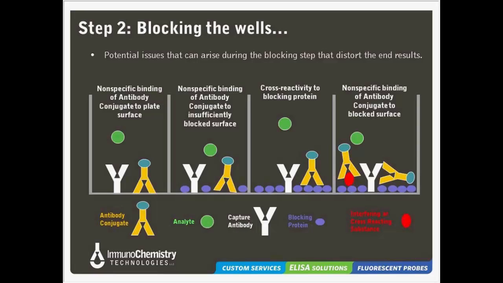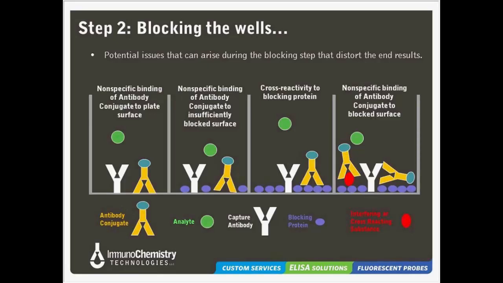All right, I guess we're back to blocking again here. Blocking is not a surefire way to avoid all problems with nonspecific binding. In this example, on the far left, the person just didn't block the plate, and obviously you've got problems there.